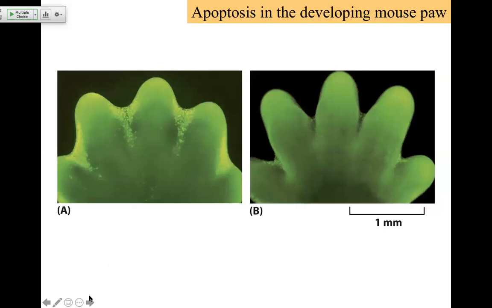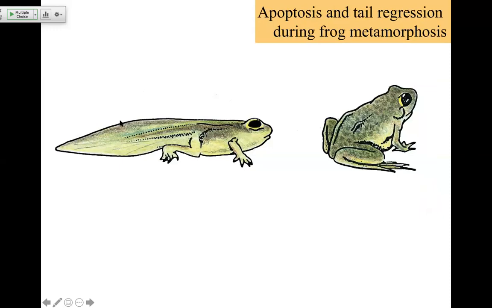Another example of apoptosis is a hormone regulated cell death during metamorphosis, right? An amphibian has one part of its life cycle with a tail necessary for locomotion when it's living in its water environment. When it metamorphoses into an adult frog and has a terrestrial lifestyle, it doesn't need its tail anymore.